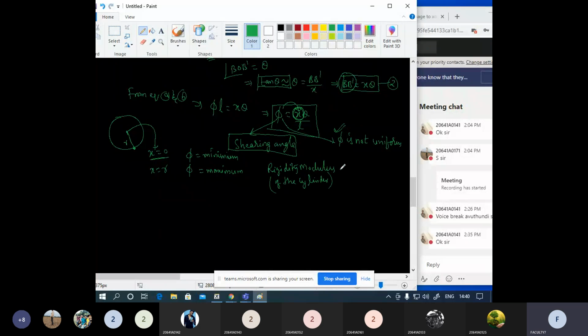We will consider this as the shearing stress by angle of shear. Now I am going to write this as F by phi.